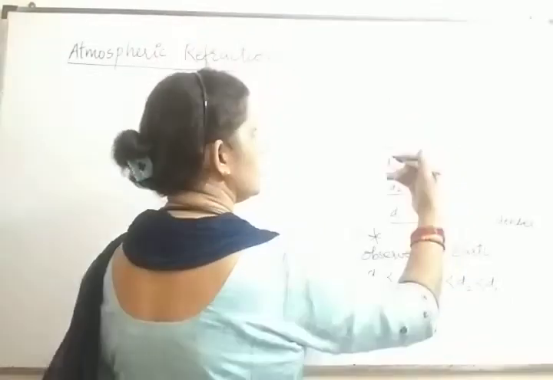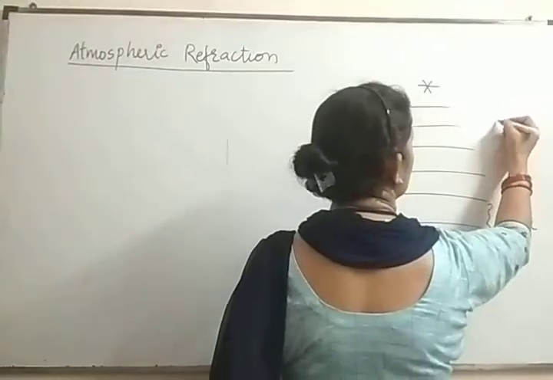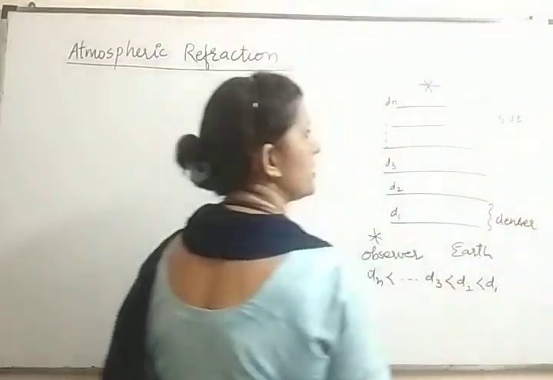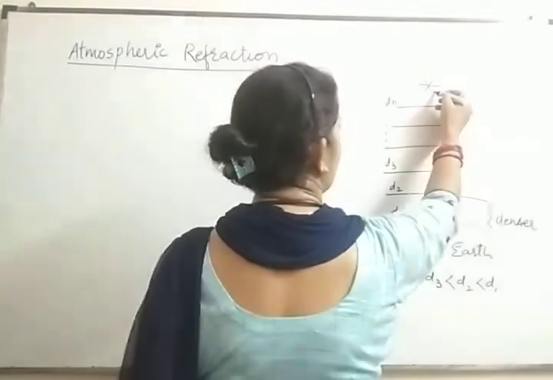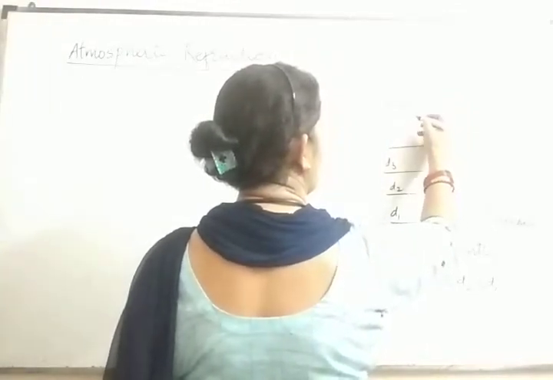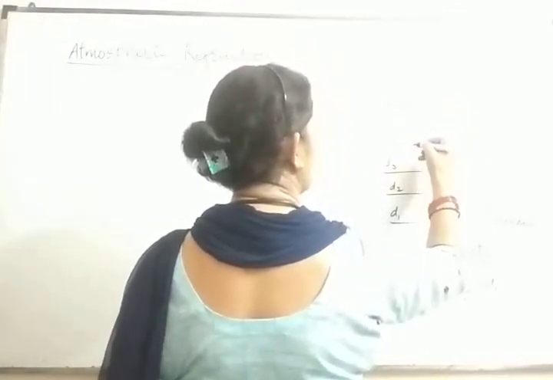As the light travels from the rarer medium to the denser medium, it will move towards the normal. The light will pass, and at this point it will move towards the normal. At that point it will again move towards the normal.